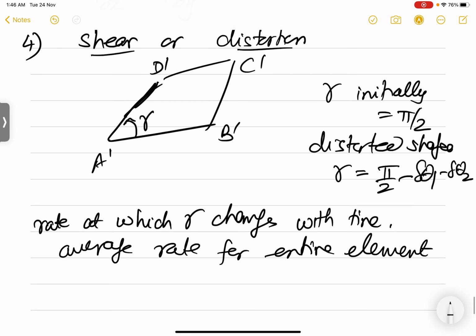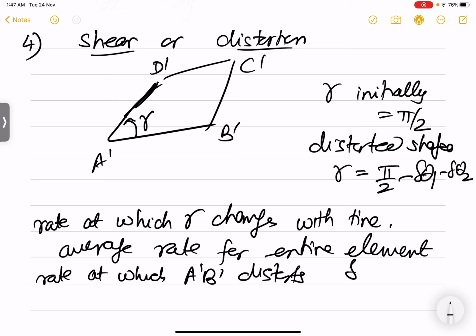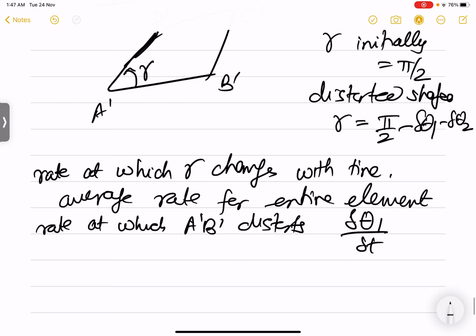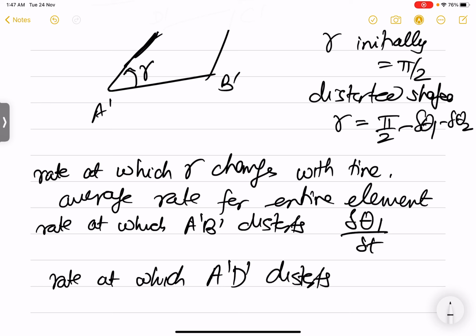then what we see is the rate at which A prime B prime distorts, or AB distorts, this is delta theta 1 by delta t, and the rate at which A prime D prime distorts, this is delta theta 2 by delta t.